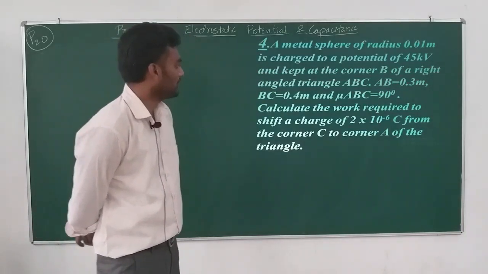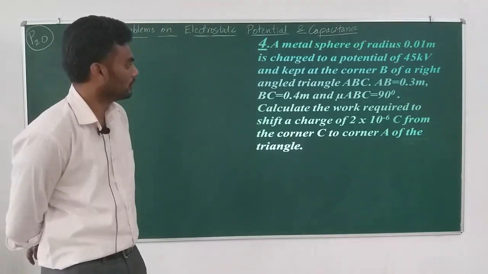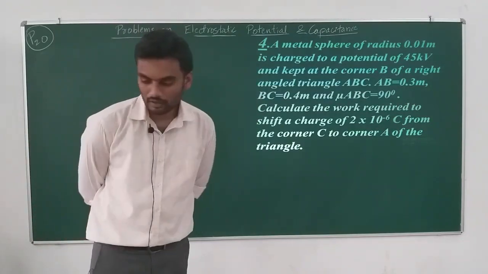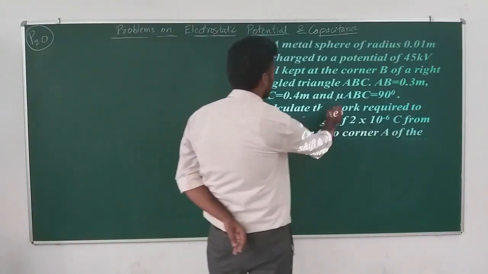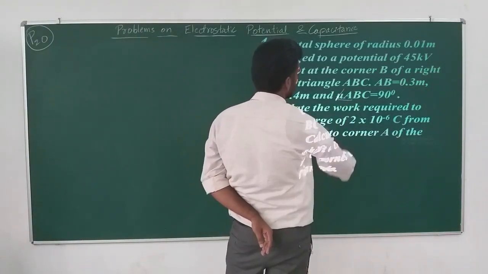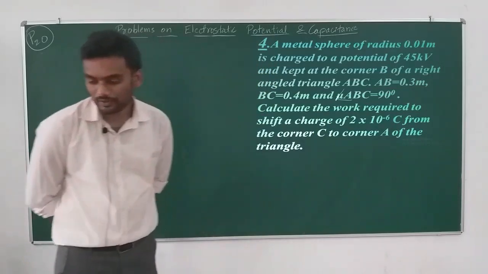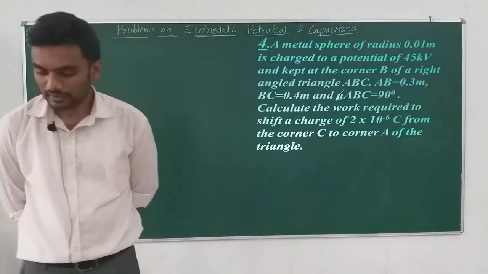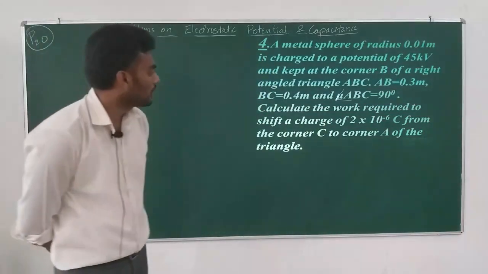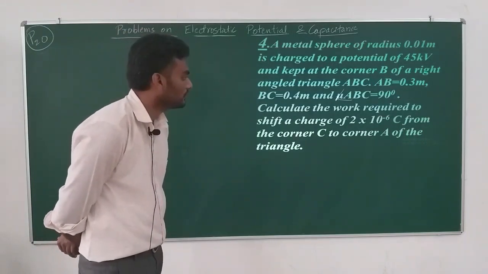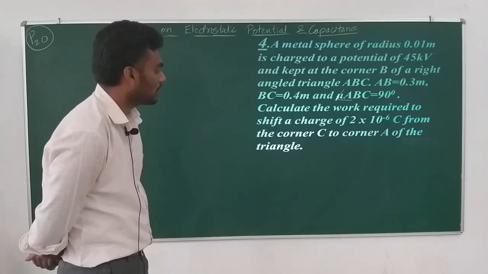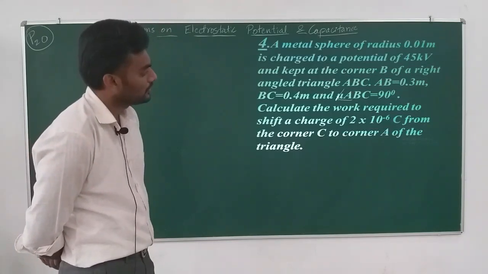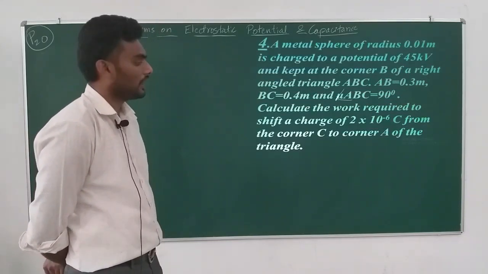AB is equal to 0.3 meter, BC is equal to 0.4 meter, and angle ABC is 90 degrees. Calculate the work required to shift the charge of 2 into 10 to the power of minus 6 coulomb from the corner C to corner A of the triangle.